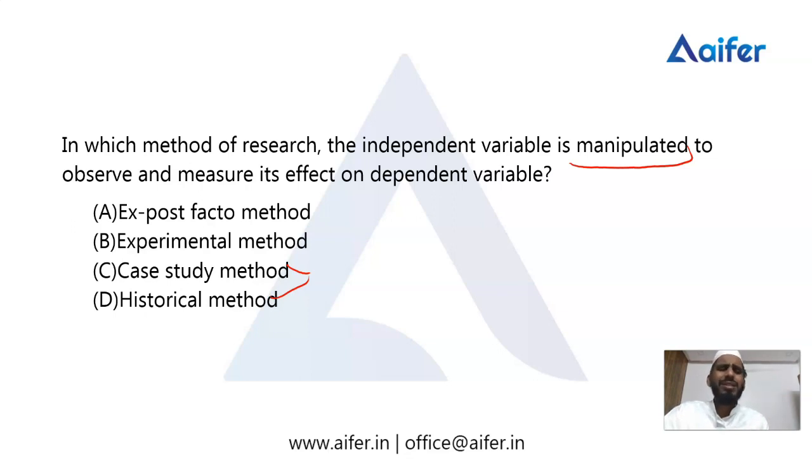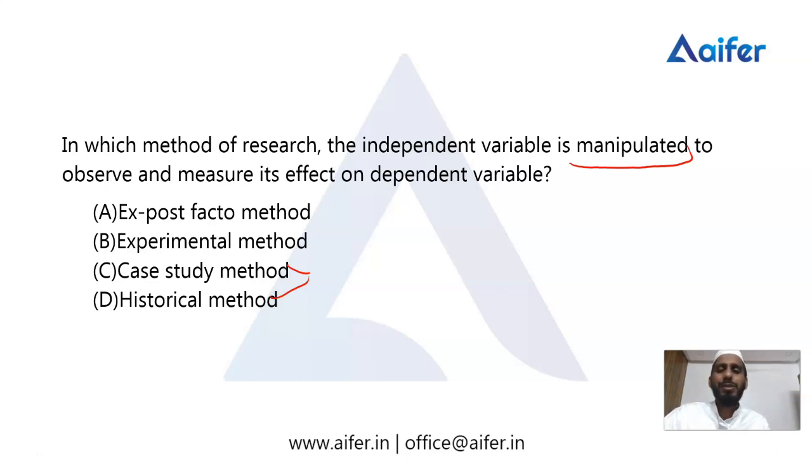In qualitative research, there will not be an independent variable and dependent variable. So let's eliminate these two types. Then ex post facto method and experimental method. Which one should be the answer?